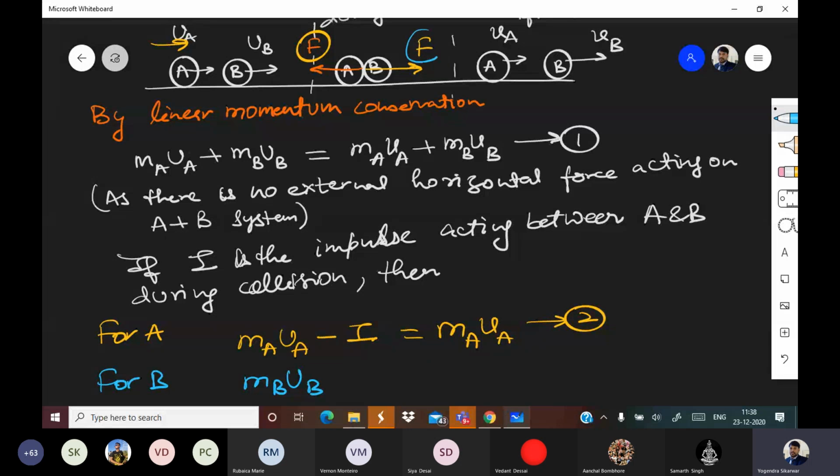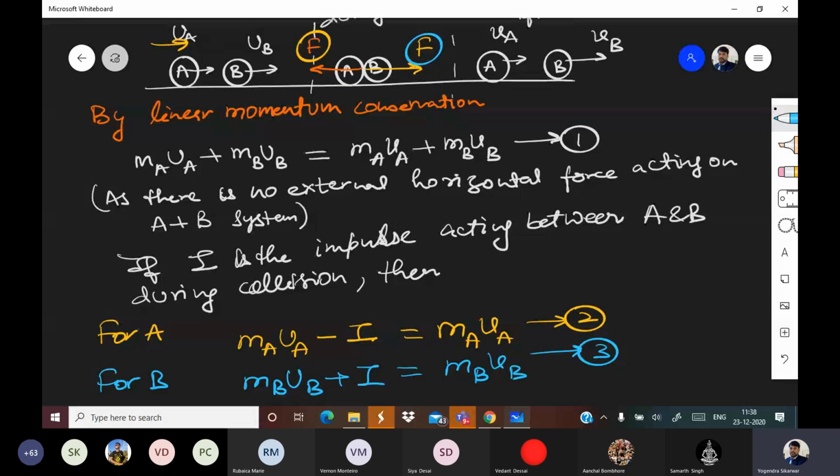As impulse will be positive, what we can write is MBUB plus I is equal to MBVB. This should be equation number 3.